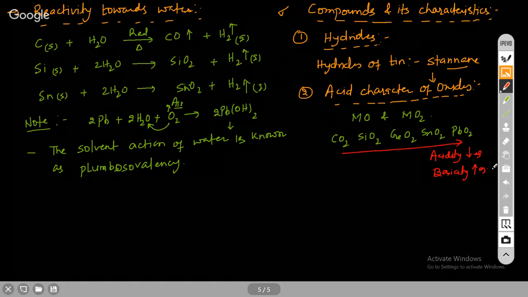As we go down the group, d orbitals are there and size also increases, so it can easily accommodate the pair of electrons, and that's why basicity increases and acidity decreases.